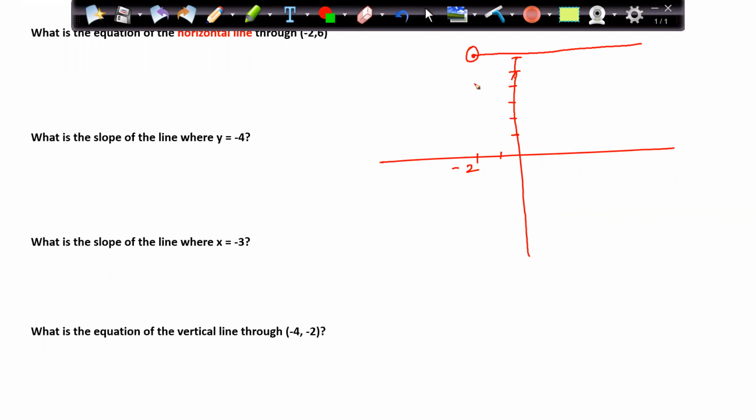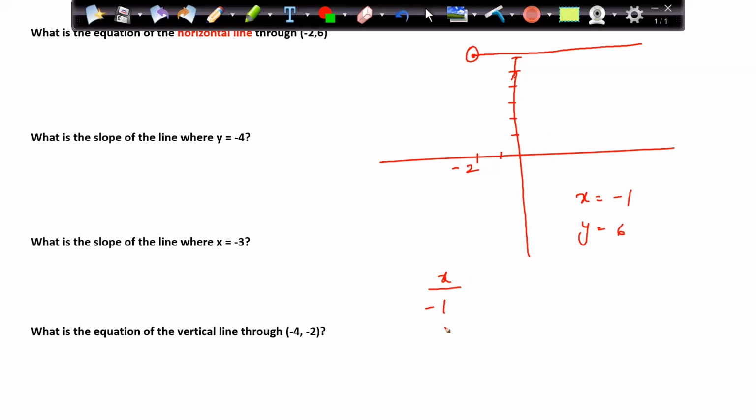When my x is changing, there is no change in y. When my x is equal to -1, what is y? 6.